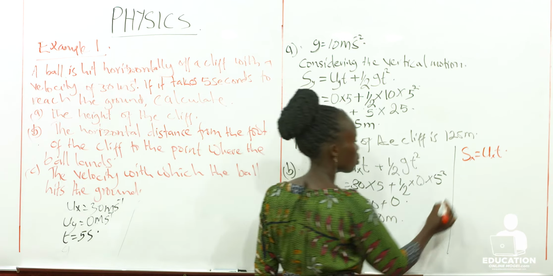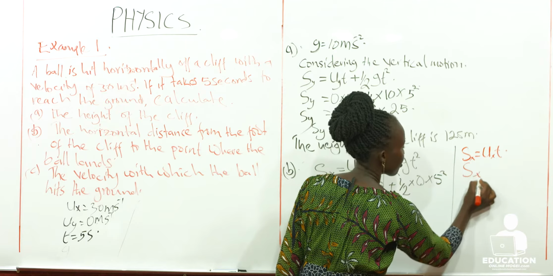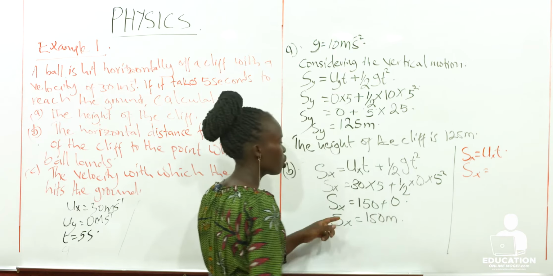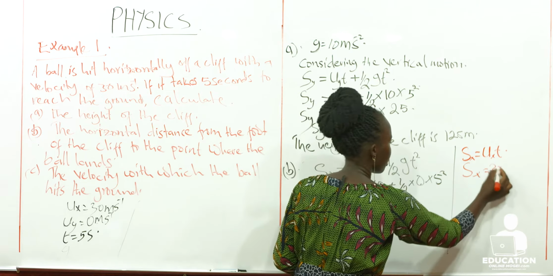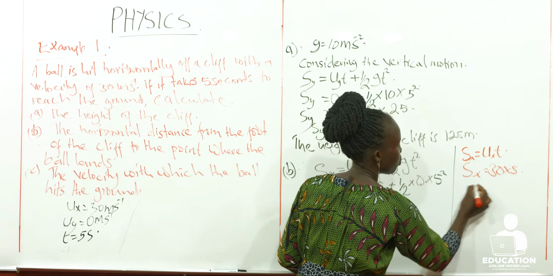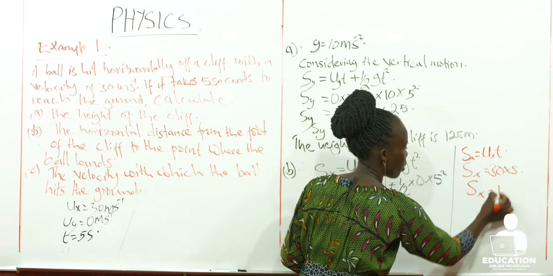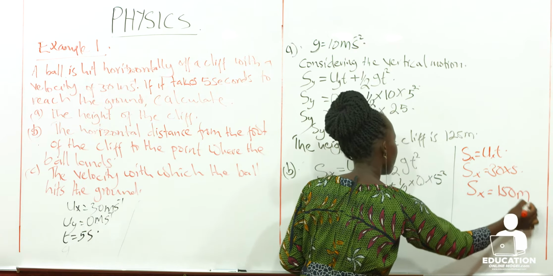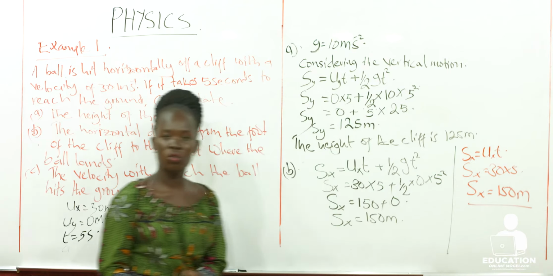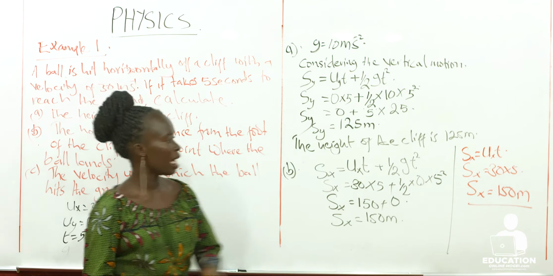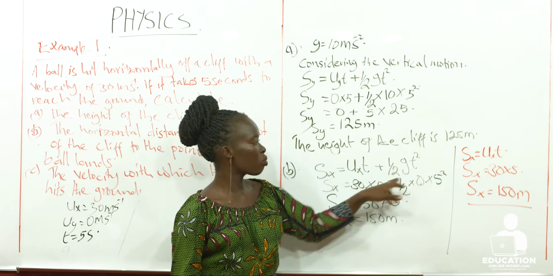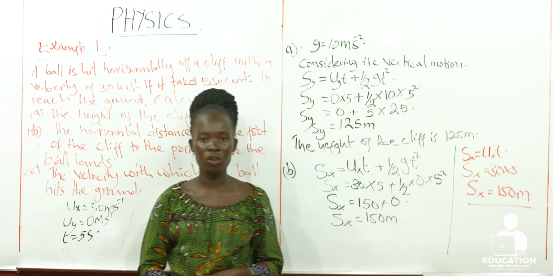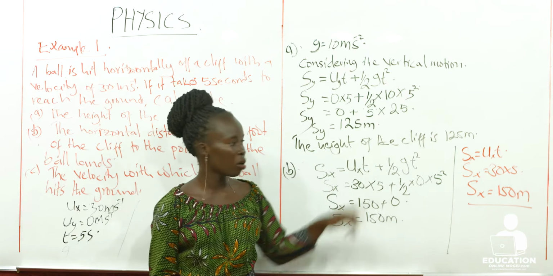So our sx is equals to our u, which is already 30, times the 5, which our sx will give us 150 meters. Either way is also okay. Here we just eliminated the whole of this because we know it is 0, because of the value of the acceleration due to gravity.